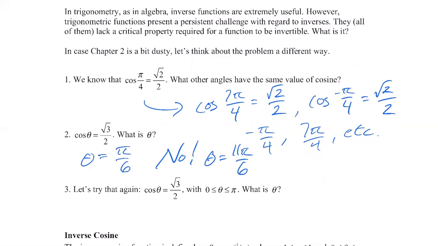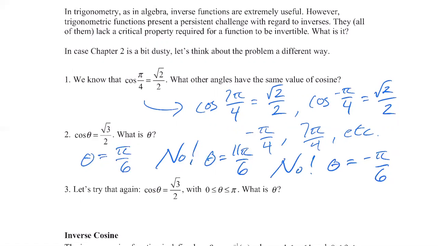And then our other friend says, no, you're not right either. Theta is actually equal to negative pi over 6. And now we have quite a to-do. So which of us is right? We've got 3 potential answers. They all satisfy the cosine of theta being equal to root 3 over 2.